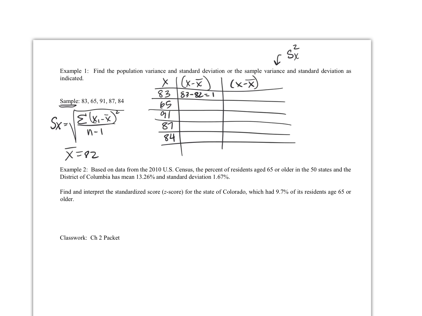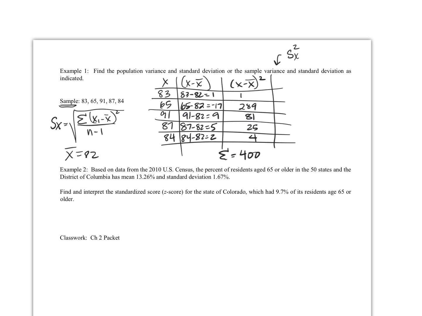And in this column, what do we do? We square it, right? That gives me a total of 400.